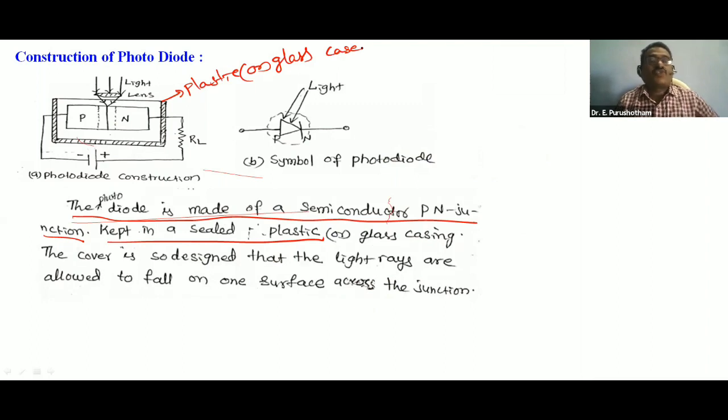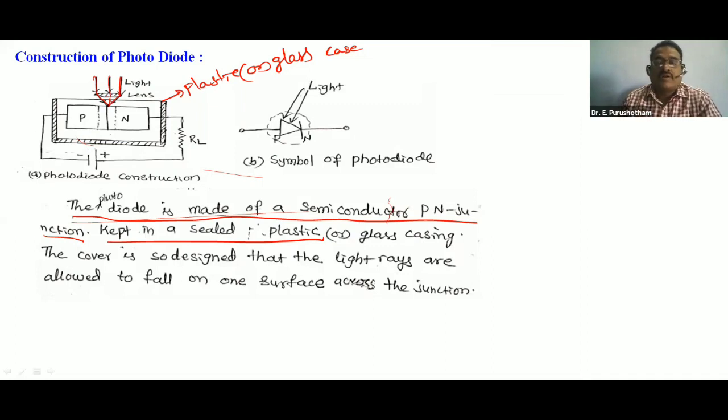The cover is so designed that the light rays are allowed to fall on one surface across the junction. You observe here, the light rays fall on the junction through the convex lens.